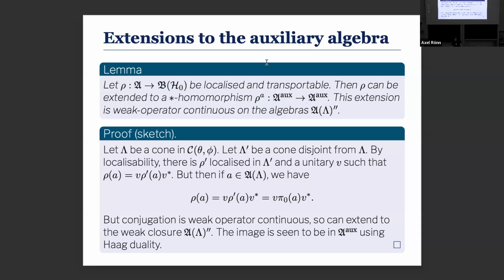I will denote this with rho hat. More importantly for us, this extension is actually weak operator continuous on these algebras. It doesn't matter too much for us what this weak operator topology is. If you're not familiar with it, it's one of the natural topologies.